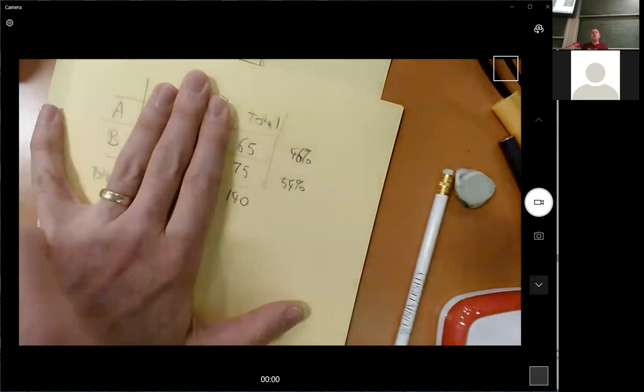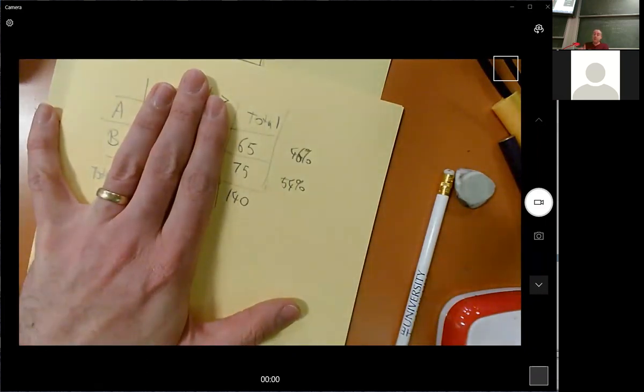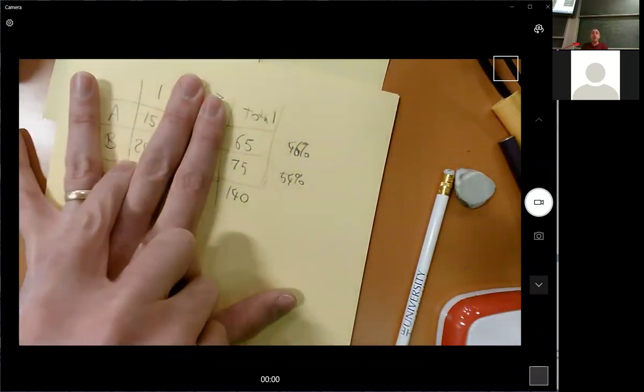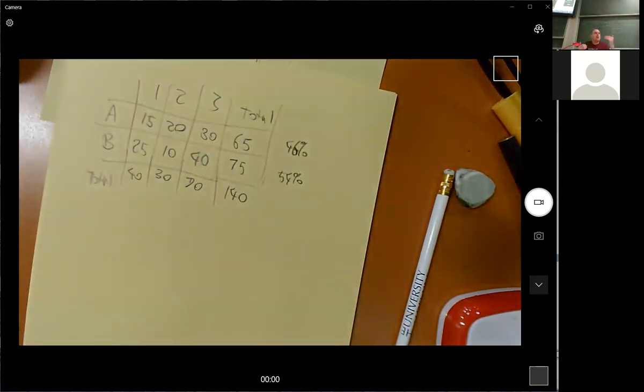So 46% of them ended up in category A and 54% of them ended up in category B. If which situation didn't make a difference, it should still be 46% in A and 54% in B here and here and here. They should all be the same. I mean, they're never going to be quite the same because it's random and you're just randomly choosing people, but it should be approximately the same. And that's what we're going to figure out.